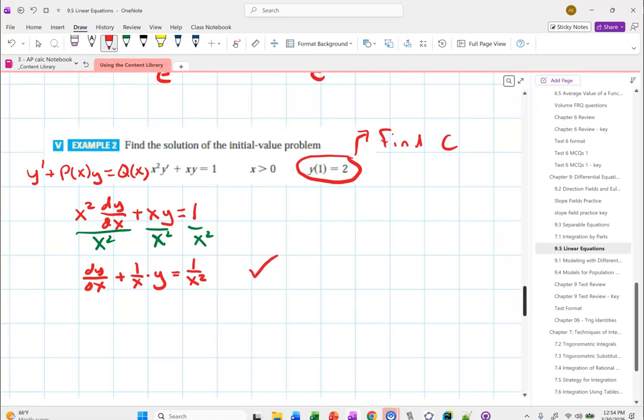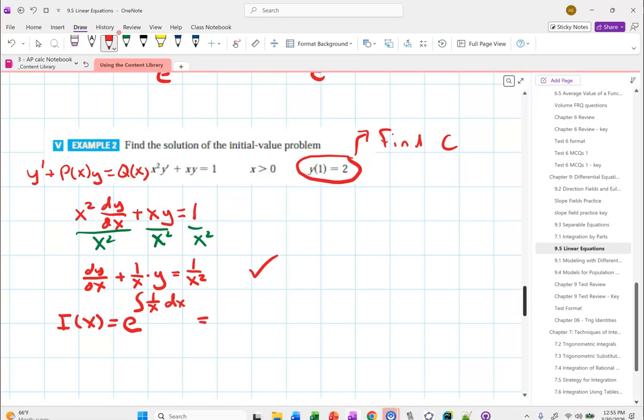Everybody see the linear form? Derivative of y plus my p of x, which is 1 over x, times y equals q of x, which is 1 over x squared. So now I need my integrating factor, which is e to the integral of 1 over x dx.